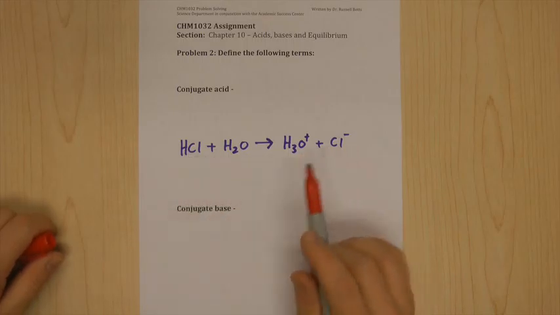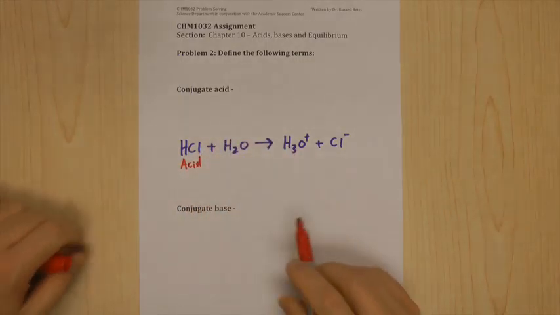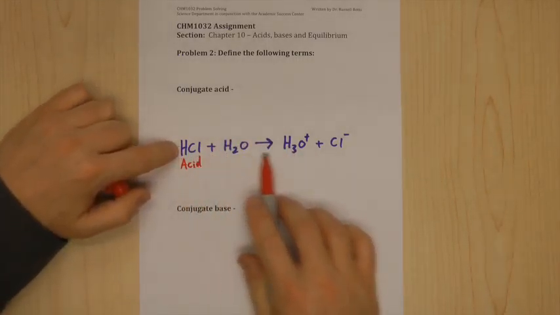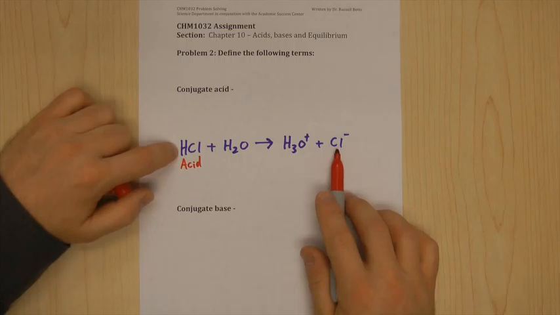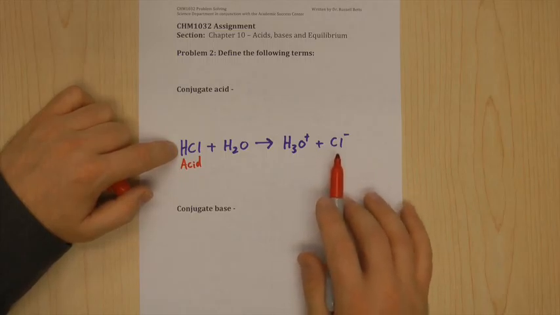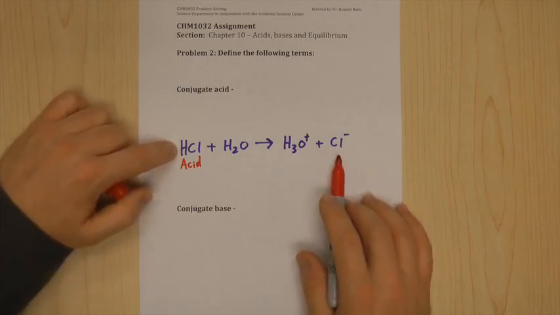So this must be an acid, because if you follow the chlorine from left to right, it goes from having a hydrogen attached to not having a hydrogen attached. We haven't figured out where it's been donated to yet. We just know it's been donated.